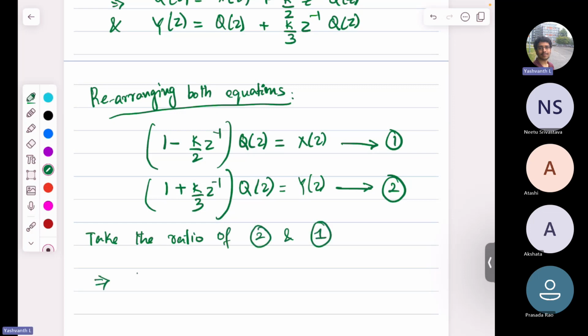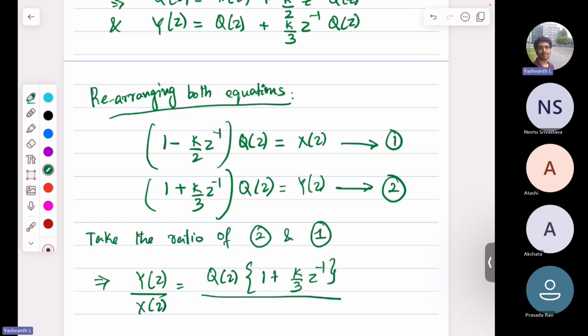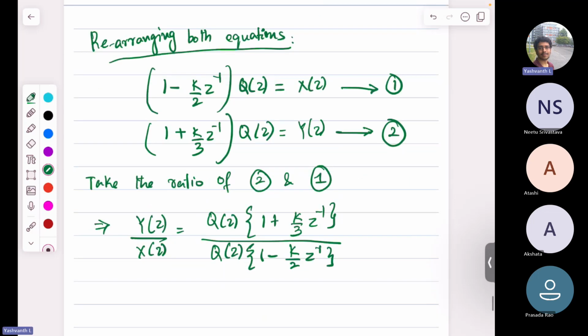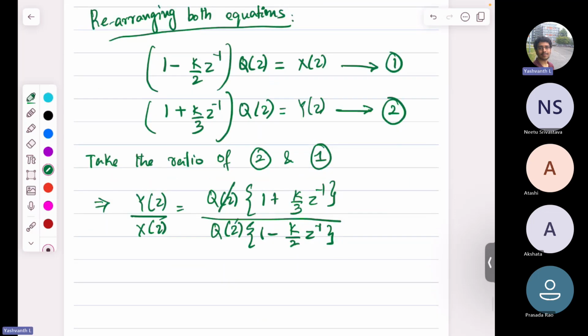That implies your y of z by x of z equal to Q of z into 1 plus k by 3 into z inverse by Q of z into 1 minus k by 2 into z inverse. Okay, Q of z will get cancelled. So this is equal to 1 plus k by 3 z inverse by 1 minus k by 2 into z inverse.